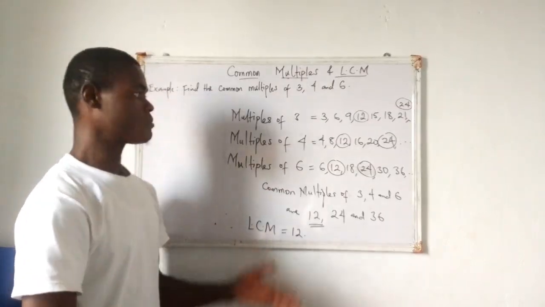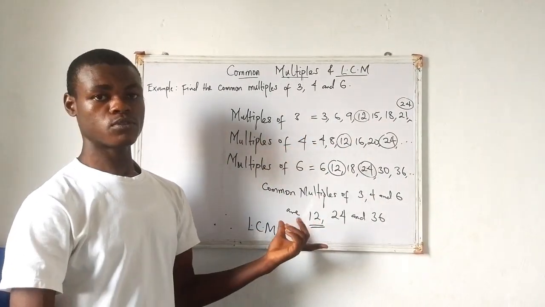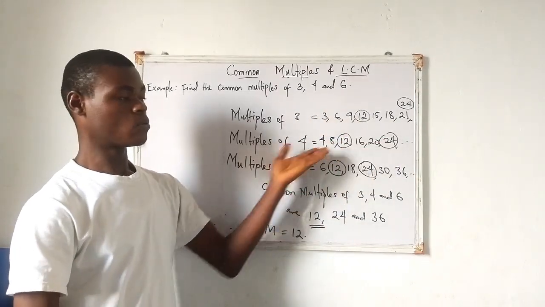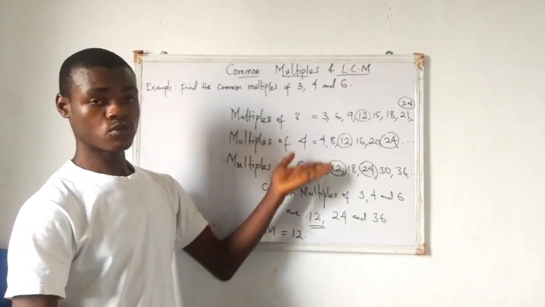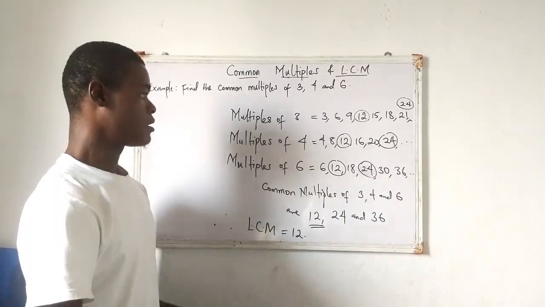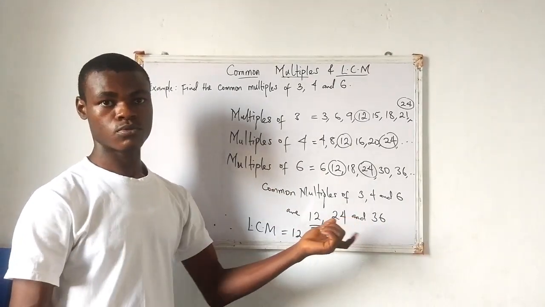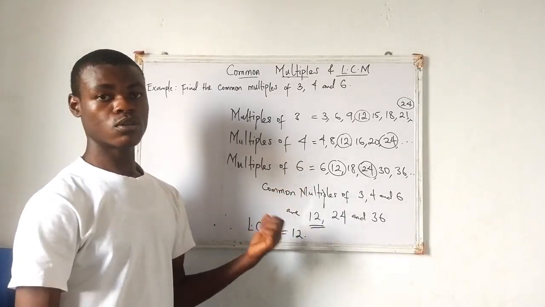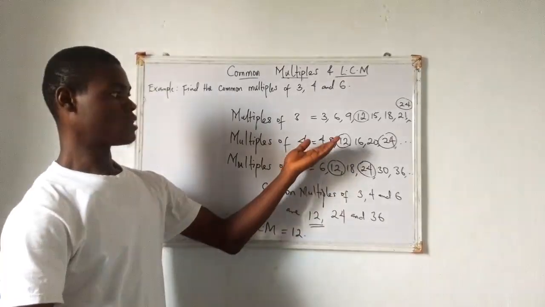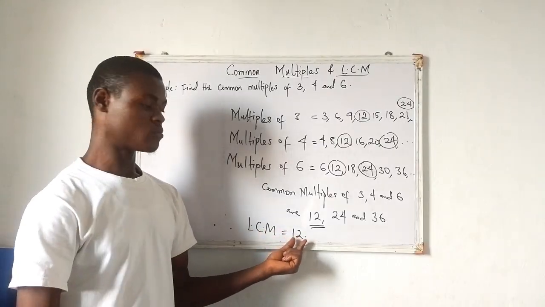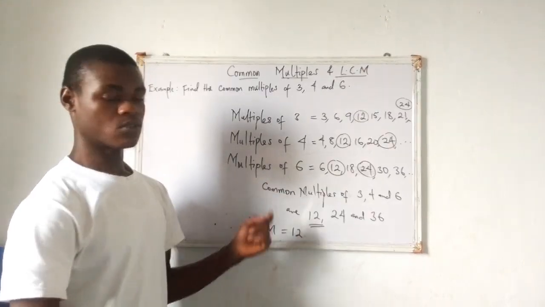Your job is to write out the multiples of each of the numbers, find the multiples that are common to all of them, that show up in the three of them. Then take the smallest, the least of them. That's why it's also called the least common multiple. That smallest number happens to be 12. So the LCM of these three numbers is 12.